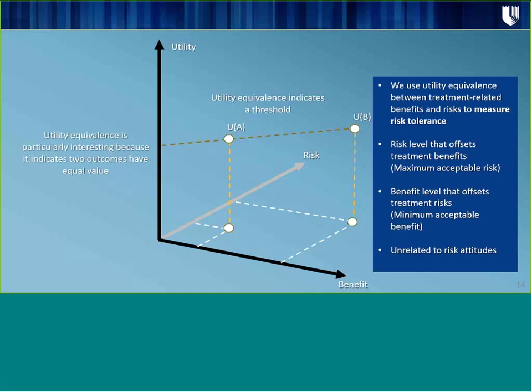However, understanding that we have a strong prior that risks associated with any treatment are going to have a negative effect on the value of that treatment, or on the well-being that is derived from that treatment, increasing the risk level in that profile B, given where it currently is, is going to be expected to reduce that level of utility, right?